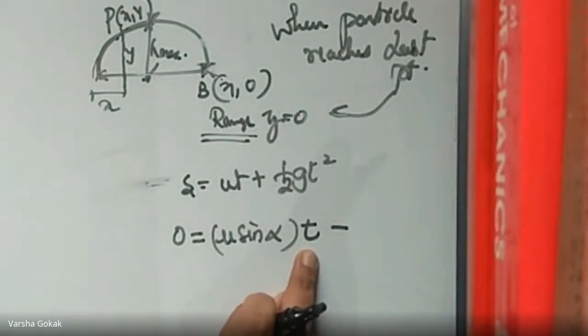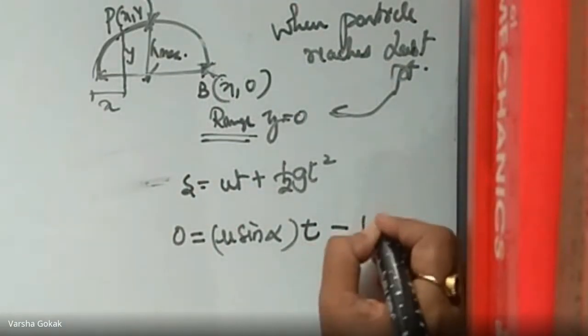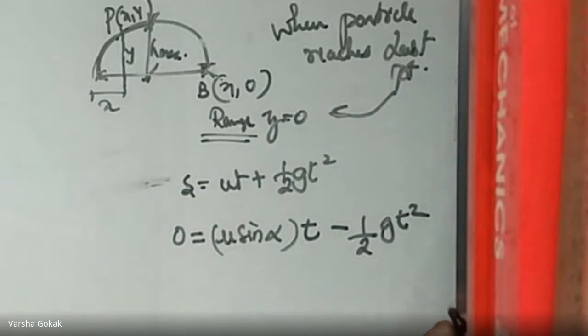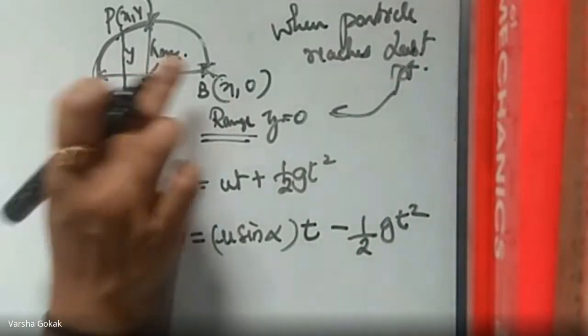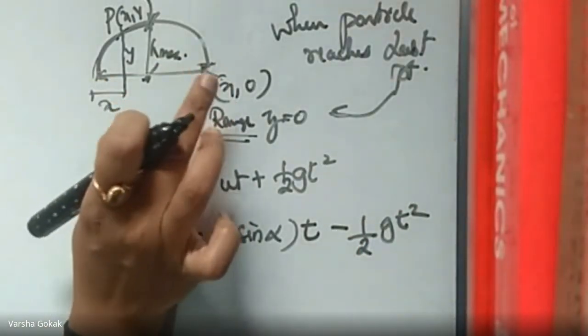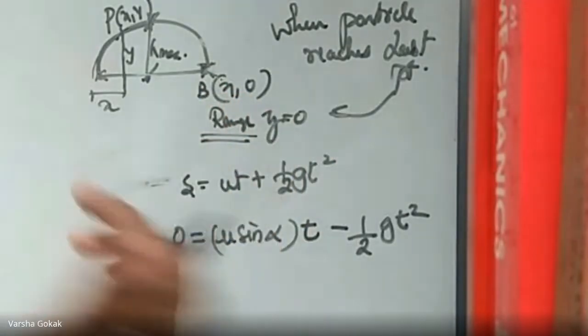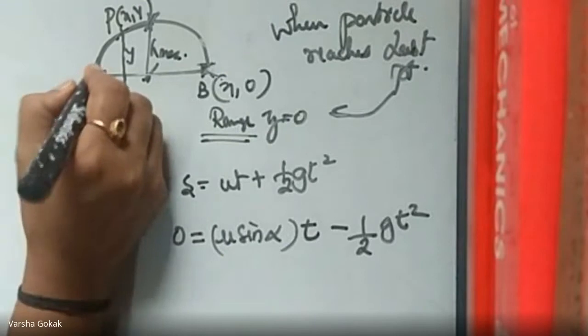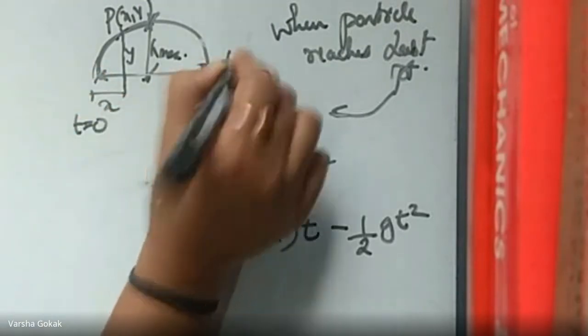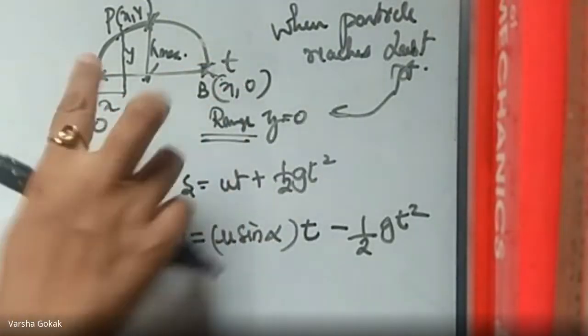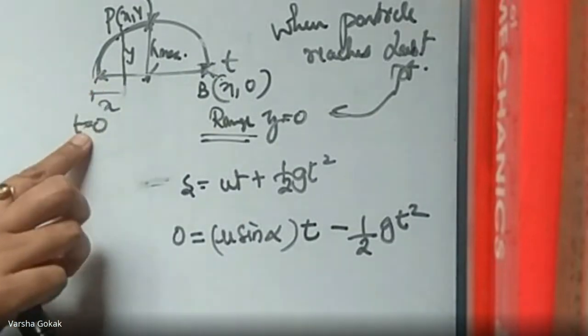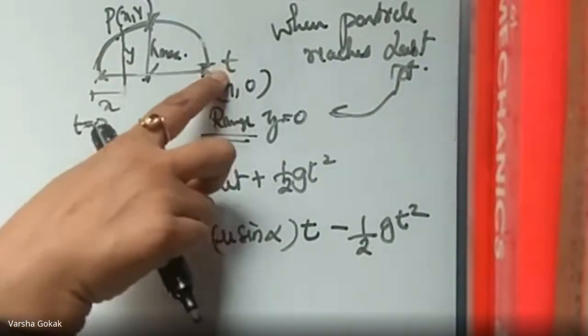When it reaches there, we can substitute t equal to 0, which gives the initial position of the projectile. So we have two values of t when y equals 0: one t of 0 is initial, and one would be final.